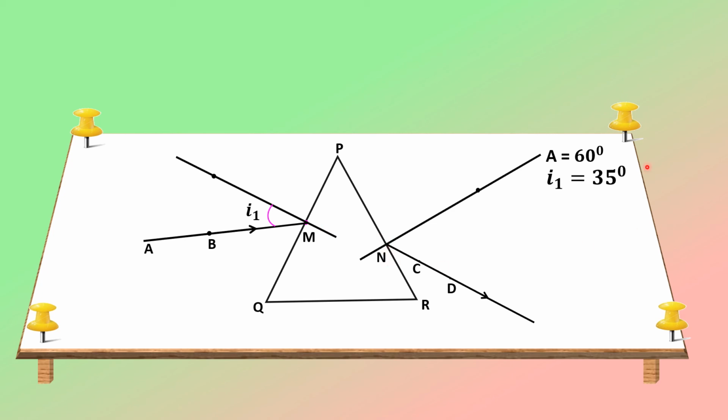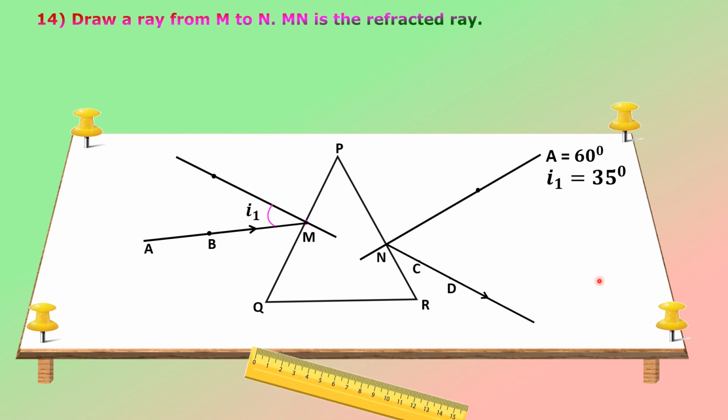So draw a ray from M to N, and MN is the refracted ray. Okay, let us draw the ray first.